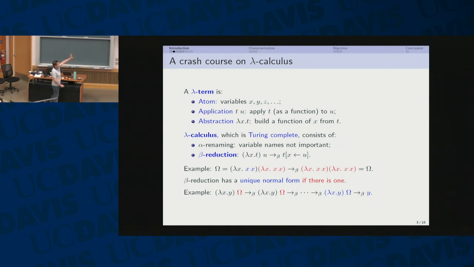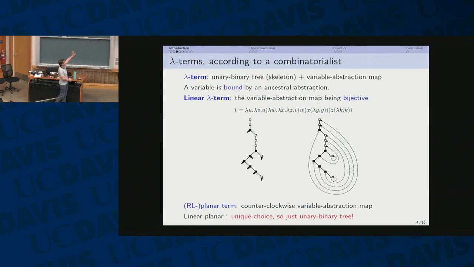It looks complicated. But for me, a combinatorialist, it's much simpler because I'm going to just look at it as some kind of unary-binary trees. The syntactic tree of the lambda term has unary nodes as abstractions, binary nodes as applications, and leaves as variables. We also need the association between variables and abstractions, because this is what's important.